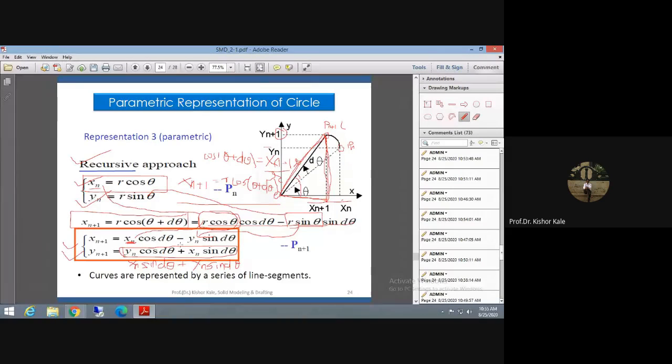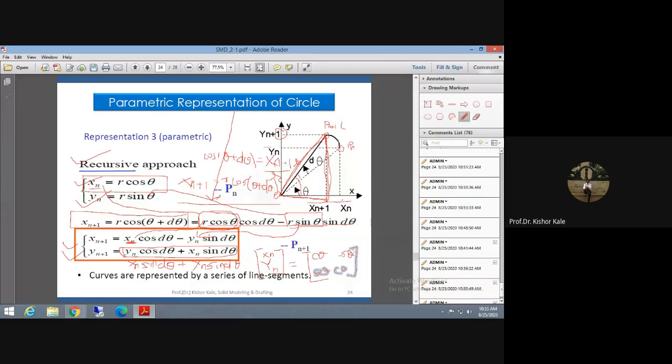So this is actually the parametric representation. The circle will be represented like this. I can write it in matrix form: xn and yn would be equal to the matrix cos theta, minus sin theta, sin theta, cos theta, multiplied by the previous points xn and yn.